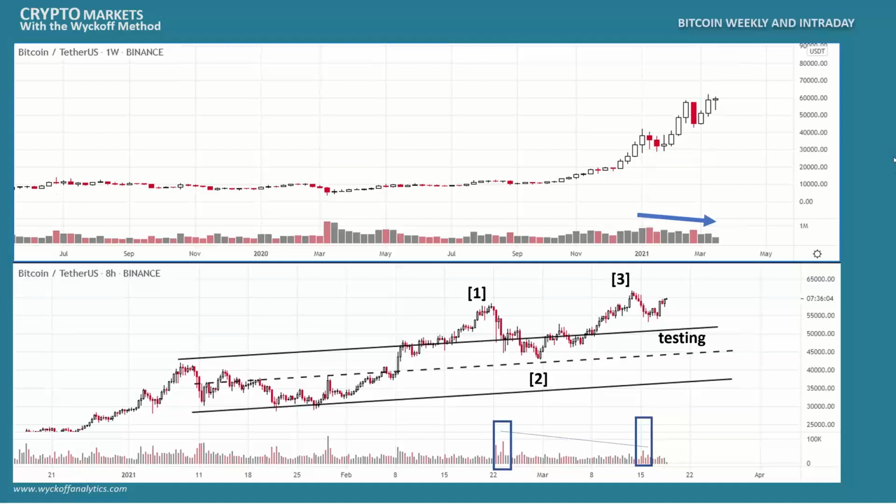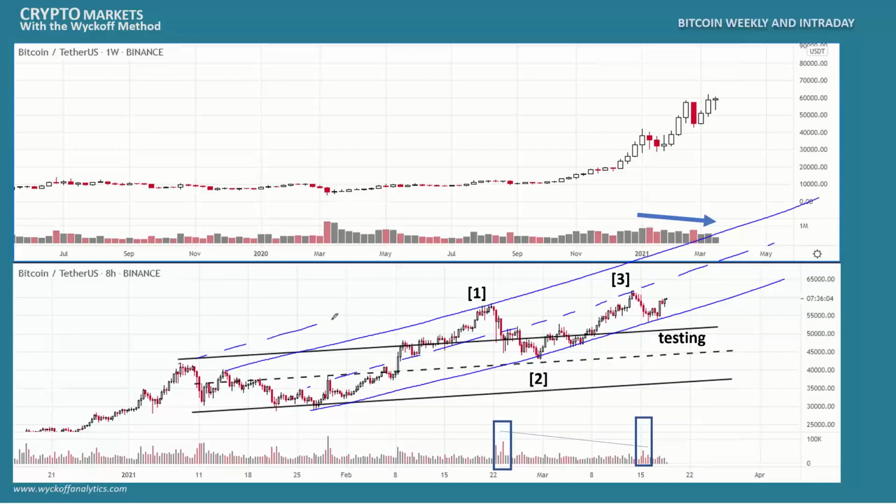Yes, I think that we should really pay attention to the intraday time frame for Bitcoin. And also, I think that this scenario could be a bit tricky because Bitcoin is not leading the market. And sometimes what we see is that laggards basically can follow the rest of the market and then have a stepping stone accumulation.